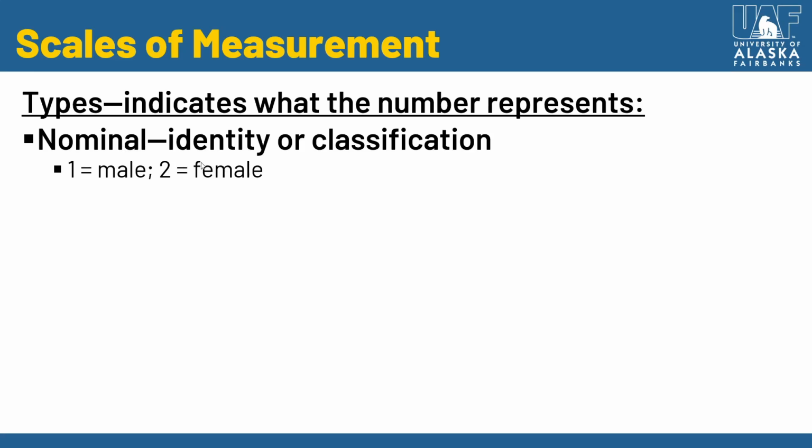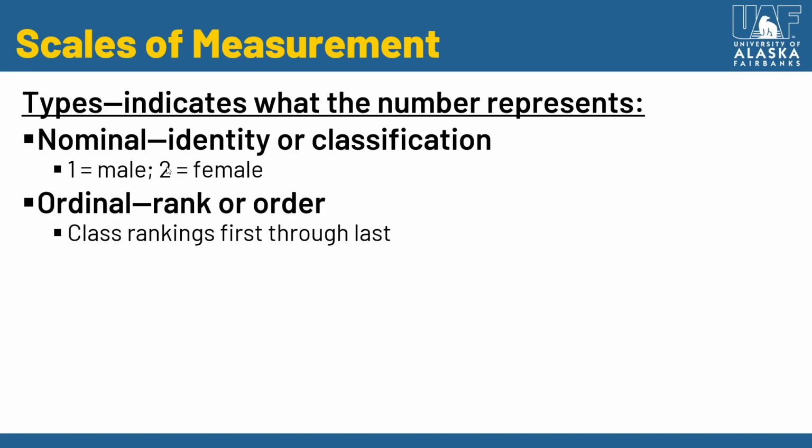There's no meaningful difference between a 1 and a 2 here. I could switch that and say 1 is female, 2 is male, and it really doesn't make much difference. It just affects how I interpret whatever the stats program kicks out, if I'm using a computer or a stats program to do this. But basically it's just a way to group things. Each number represents a bucket that we're putting things in. So these are all the males, these are all the females, and so on and so forth.